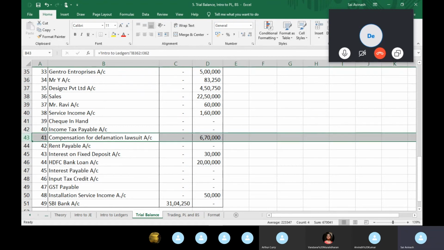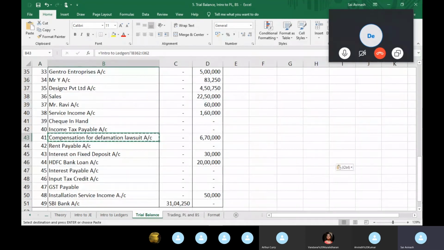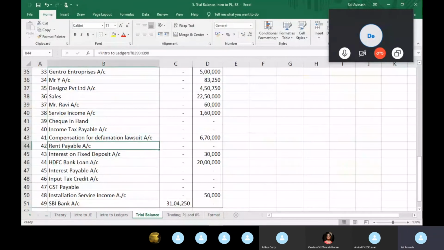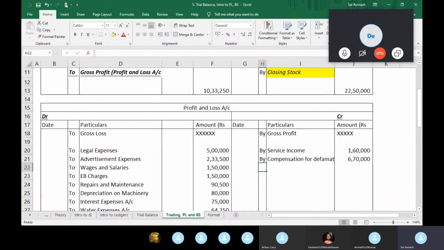So compensation for defamation lawsuit, which is an income, right? It's obviously an indirect income. And the amount is going to be on the credit side. What else? Nil. Interest on fixed deposit, which is an indirect income.